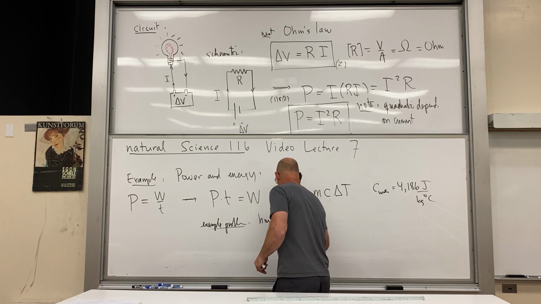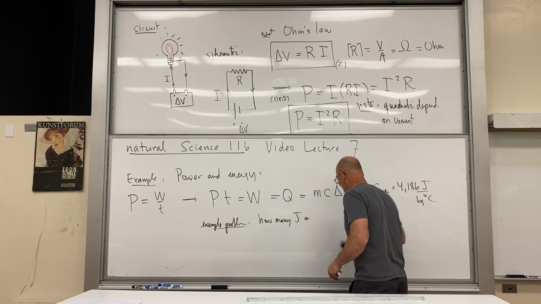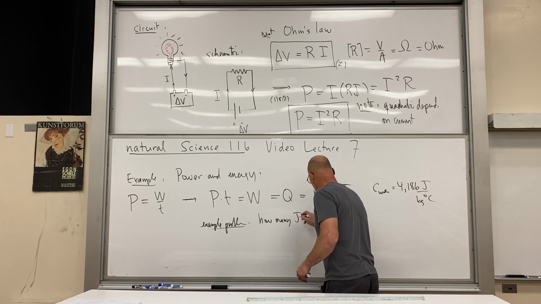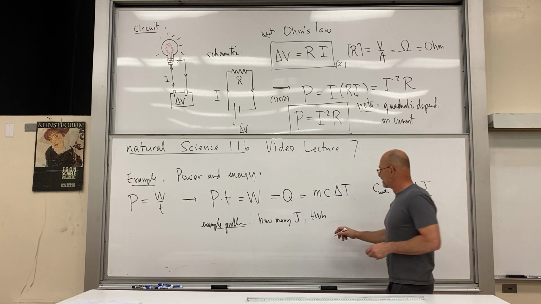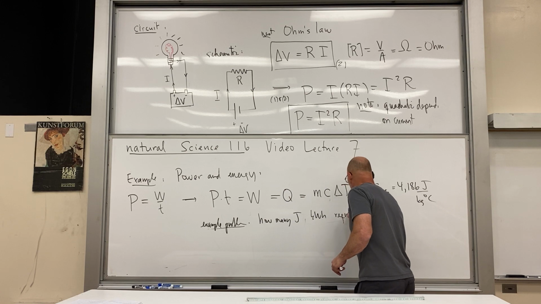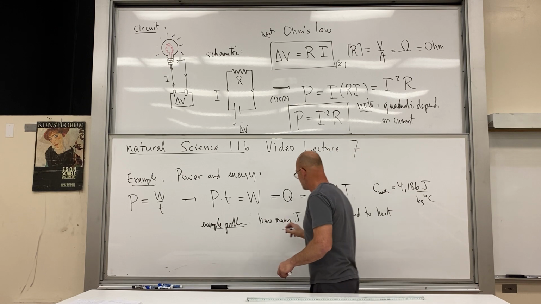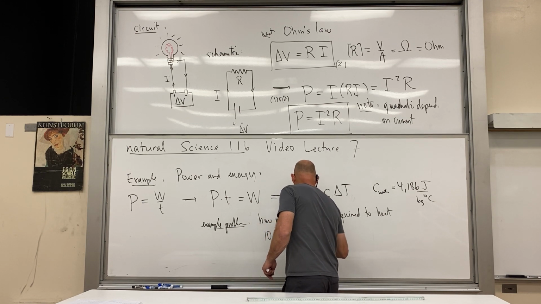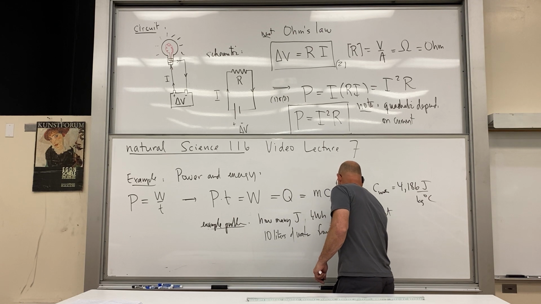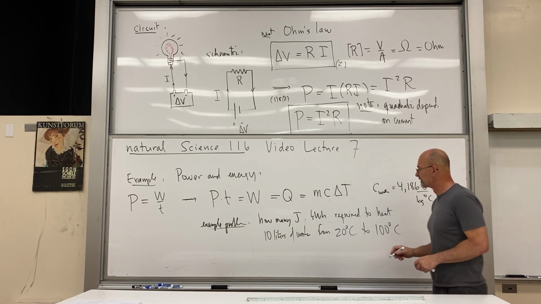How many joules, or joules, comma, kilowatt hours, one way, the other way, required to heat 10 liters of water from 20 degrees Celsius to 100 degrees Celsius.